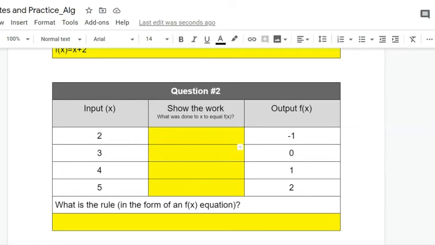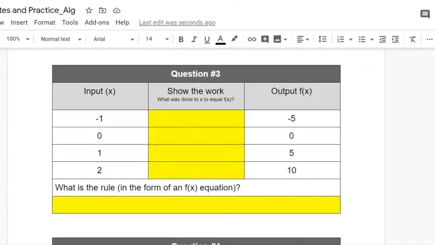One, 3 times 0 would equal 0. But also, 3 minus 3 would also equal 0. So I have 2 possibilities here that I'm going to have you figure out which one would work. So this is one of those cases where it's best you try every single one of those pairs because only one of these is actually going to work.